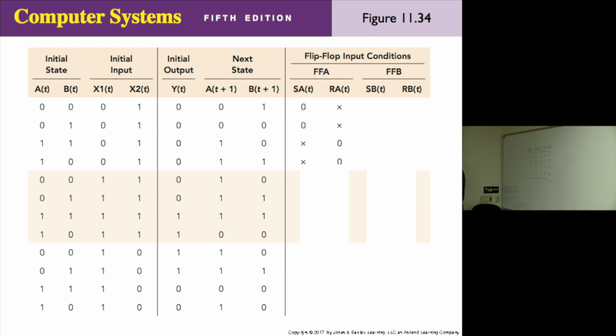1, 0. Back of the room. Last row. X0? No. Oh, challenge. Oh, X0. There is no XX. X0.